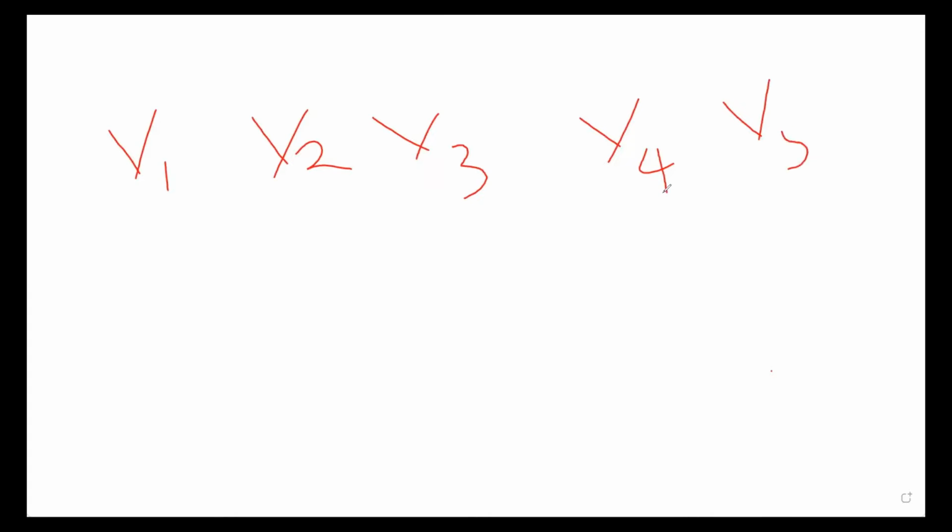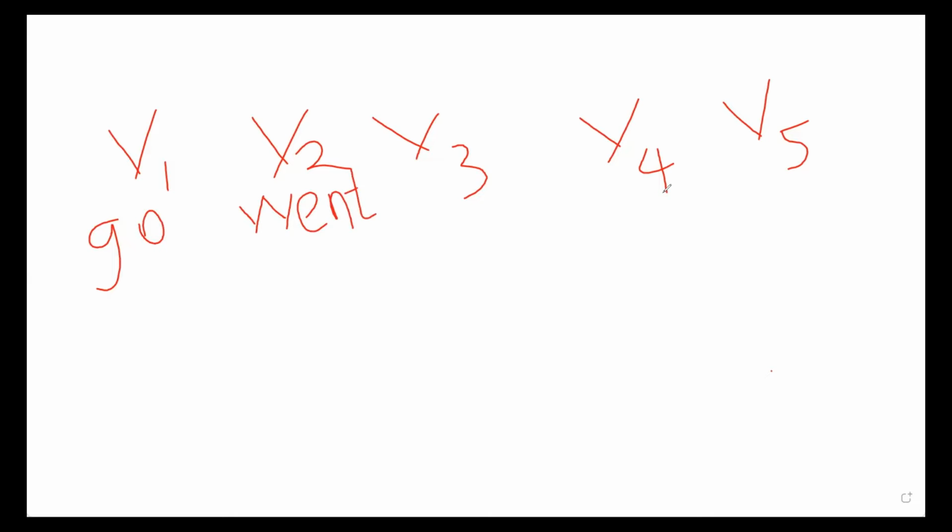For example, verb one. We must know the types of verbs: verb 1, verb 2, verb 3, verb 4, verb 5. There are 5 types of verb. For example, if verb 1 is go, what will be verb 2? Went.